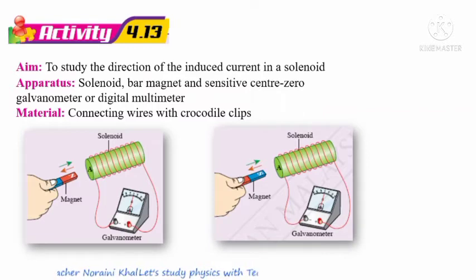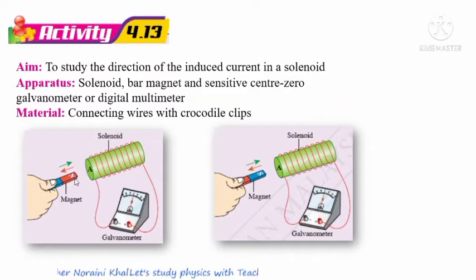What is meant by that statement? For example, the north pole of the bar magnet is moved towards NA of the solenoid. In order to oppose the effect that produces the induced current, NA will produce a repelling force. To produce a repelling force, NA must be the same pole as the bar magnet.